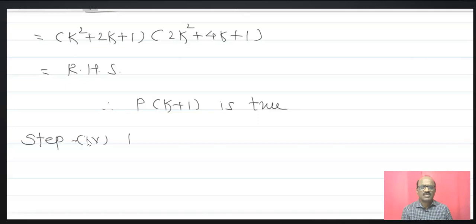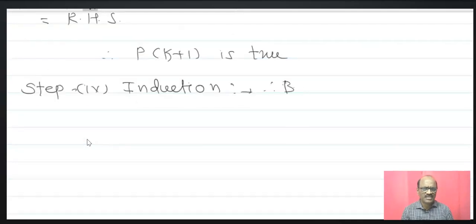Now step number 4. This is the induction. We write here only by the principle of mathematical induction. Given result is true for small n belongs to the capital N, and whatever the question given, we write here last step.